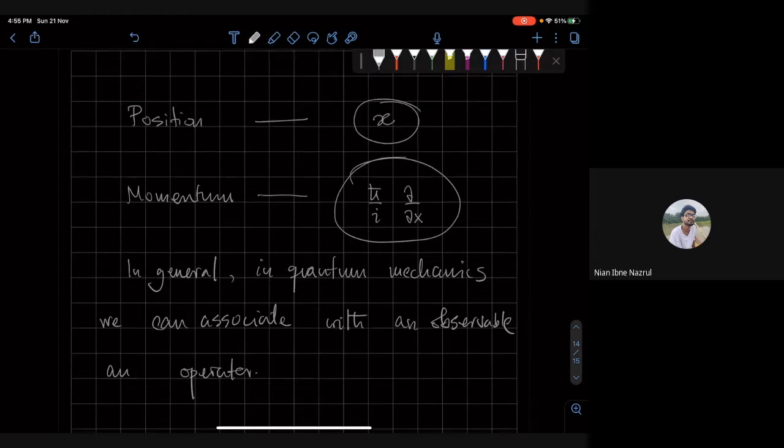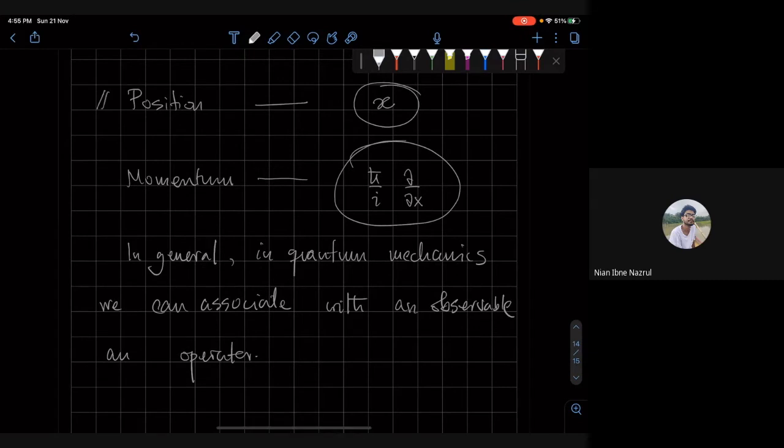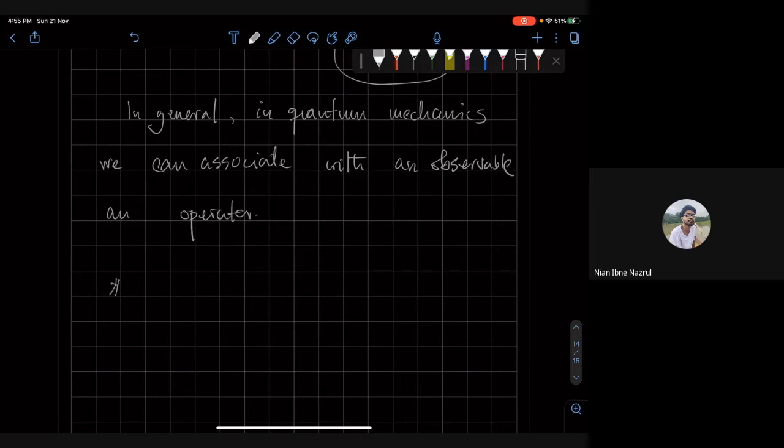And similarly, we can show that the energy of the particle is an operator which is given by minus h bar squared by 2m del squared by del x squared plus V of x.